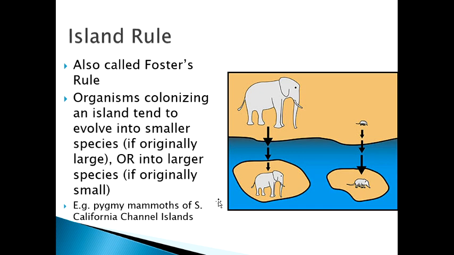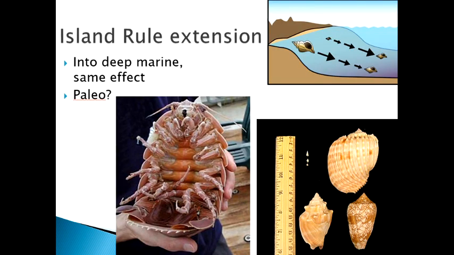Sometimes it goes in reverse. If you have species that are originally small on a large continental mass, if they get isolated on an island, then they become much larger. And the island rule now has been extended into the deep marine. So if you've got organisms that are large in a shallow area, very often they are small in the deep, or the reverse.